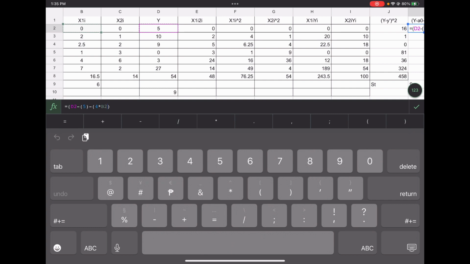And then lastly, minus, it's a negative 3 for a sub 2, multiplied with x sub 2. Okay, so y minus a sub 0 minus a sub 1 x sub 1 minus a sub 2 x sub 2, and then we square the final answer.